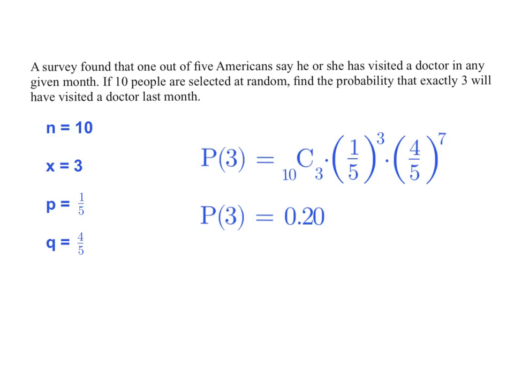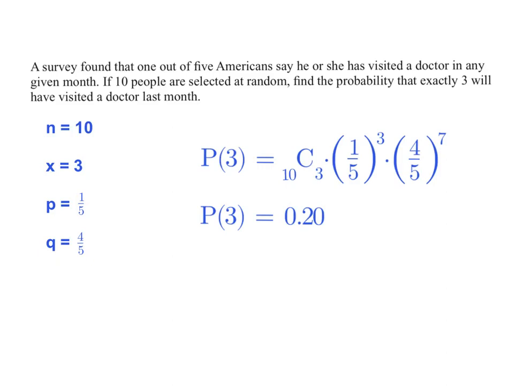One of the things I want to mention is that as you work through your problems today, some will say the probability of at least 3. If it says at least 3, that means there could be 3 or 4 or 5 or 6 all the way on up. You have 2 options. You could take the probability of 3 plus the probability of 4 plus the probability of 5 and add those all up.